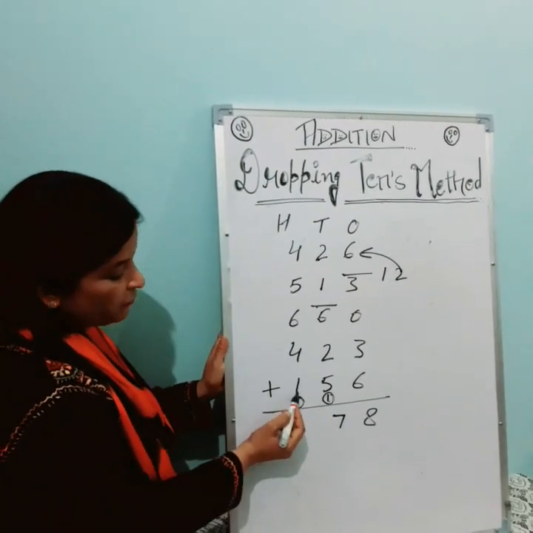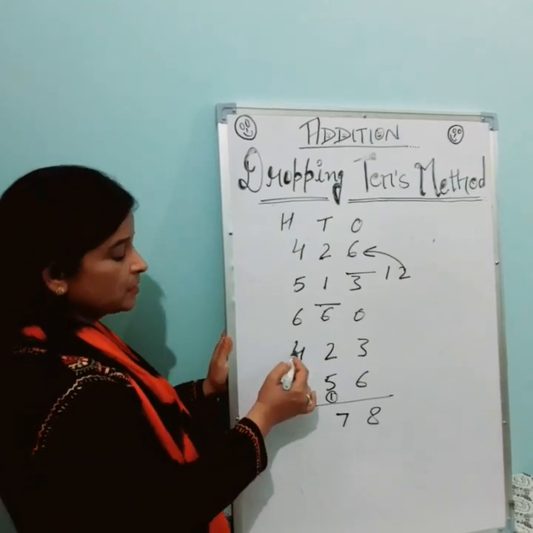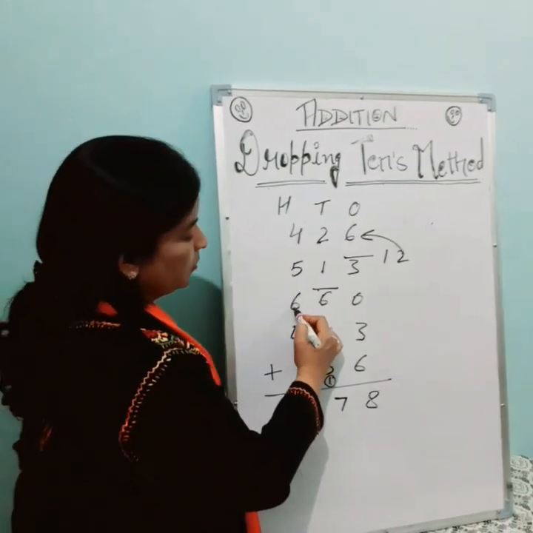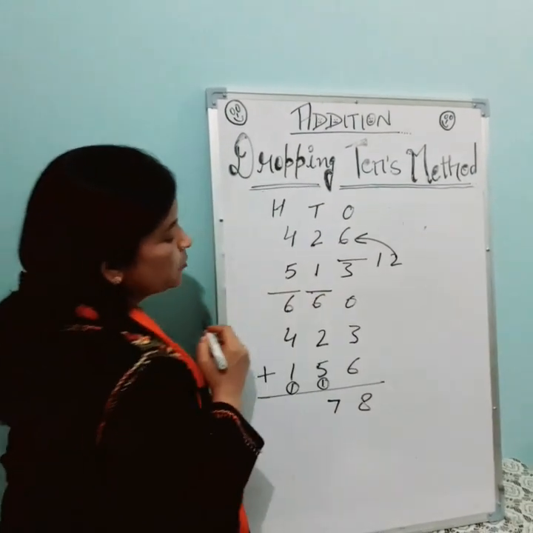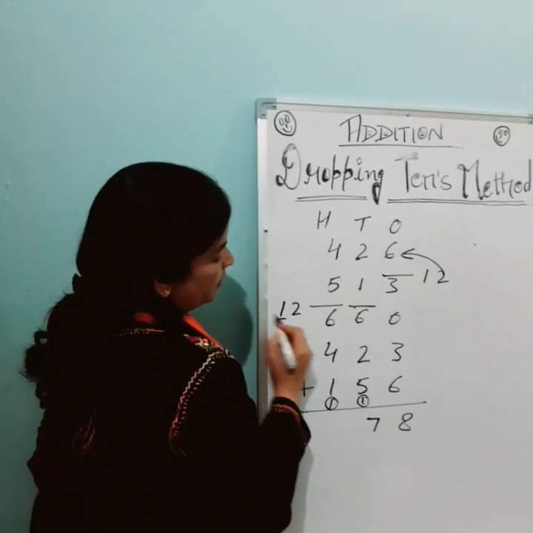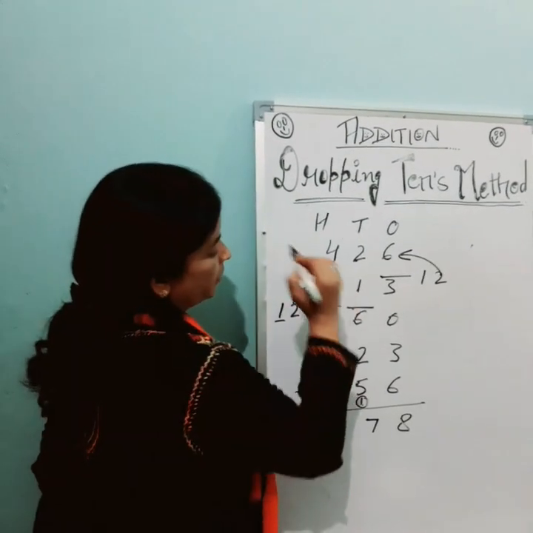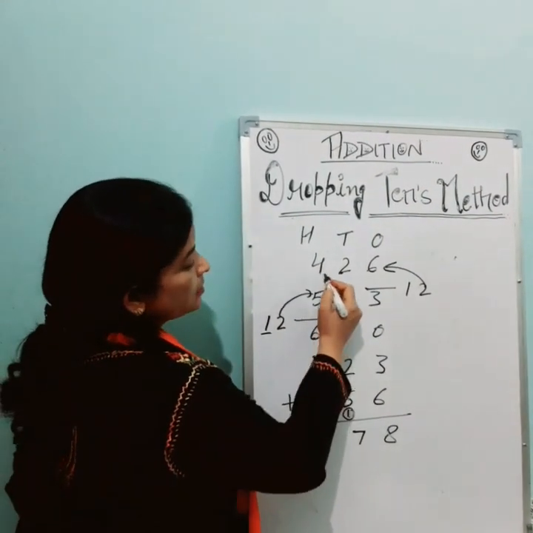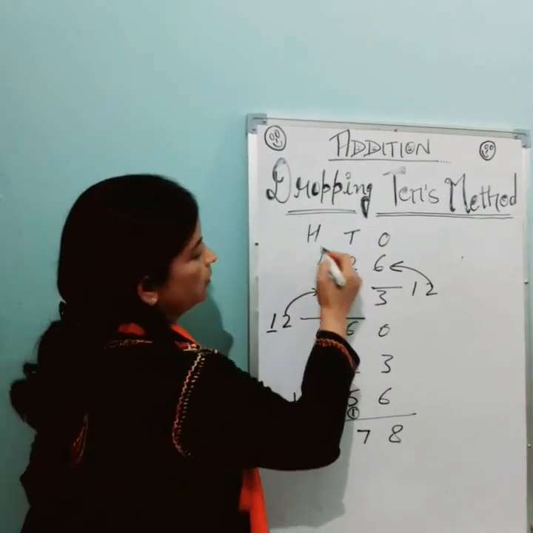1 plus 1, 2. 2 plus 4, 6. 6 plus 6, 12. The sum is more than 10, 12. Drop tens here, remaining 2, carry to the next number. 2 plus 5, 7. 7 plus 4, 11.